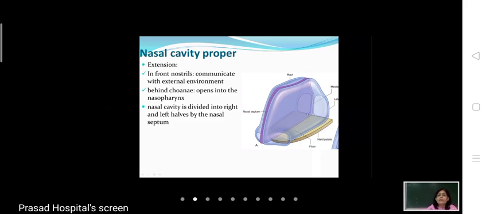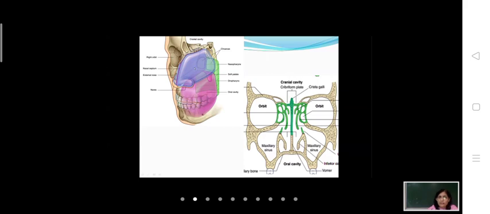Each nasal cavity communicates with the external environment by way of external nares or nostrils, and posteriorly each nasal cavity communicates by way of choanae to the nasopharynx. I'll show you later. And this nasal cavity proper is divided into right and left halves by the nasal septum. Here you can see the communications of the nasal cavity.